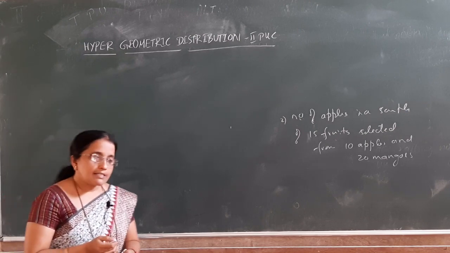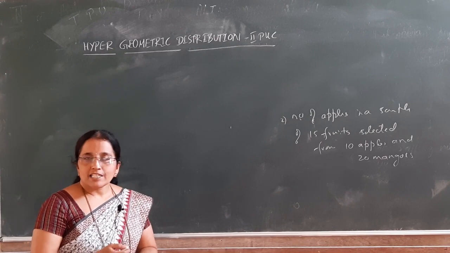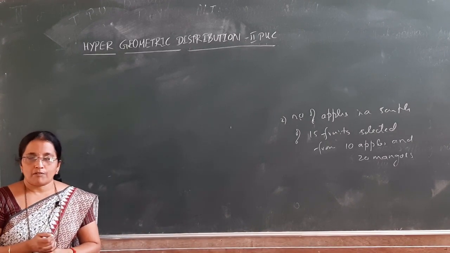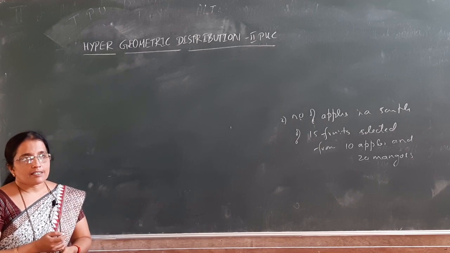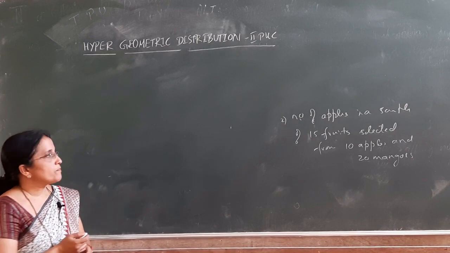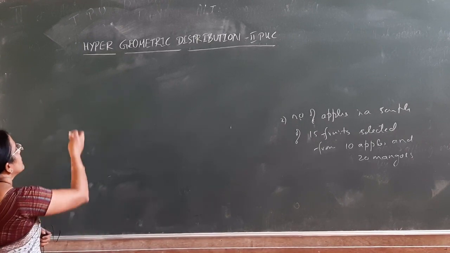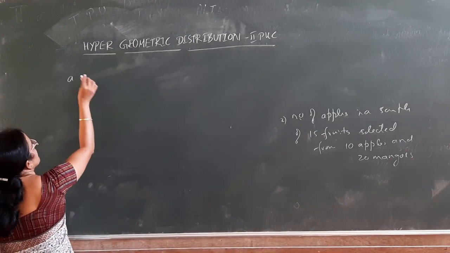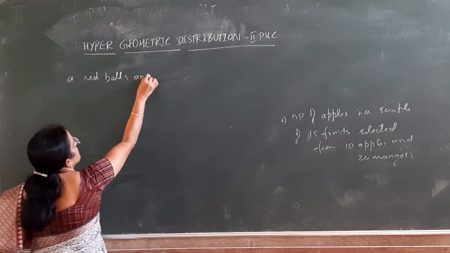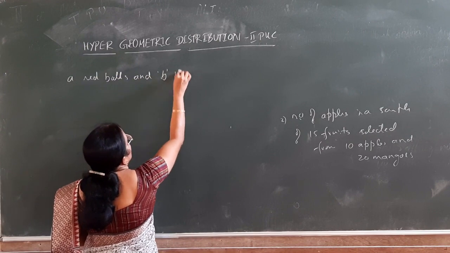Now let us recall the probability mass function of a hypergeometric distribution through an example once. In this example I am going to consider notations instead of values. Consider a box which contains A red balls and B black balls.